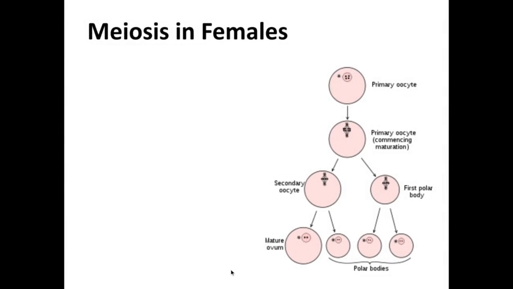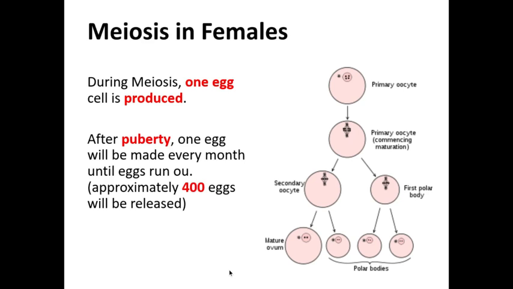Meiosis in females. During meiosis, one egg cell is produced. What happens is only one egg will mature, and the three others don't. So instead of having four cells, we're only going to get one egg.